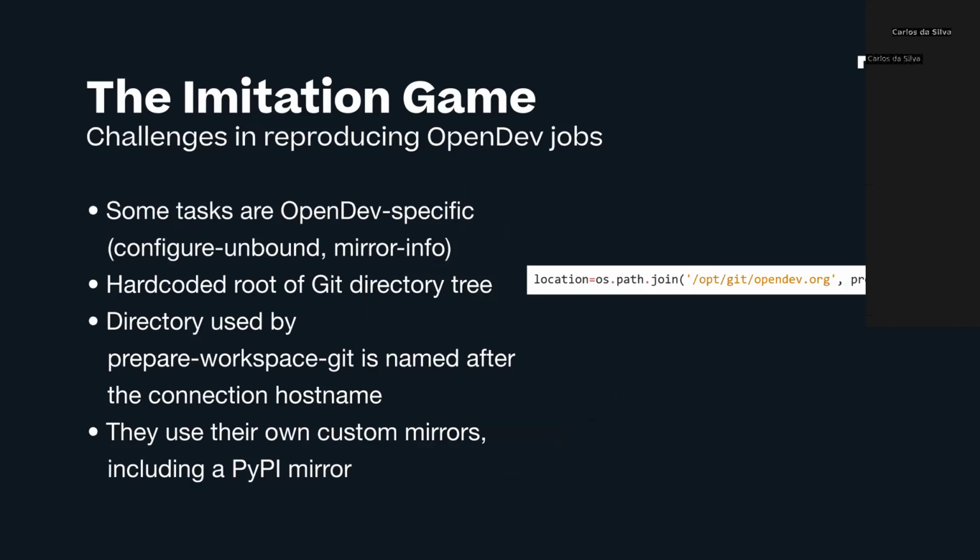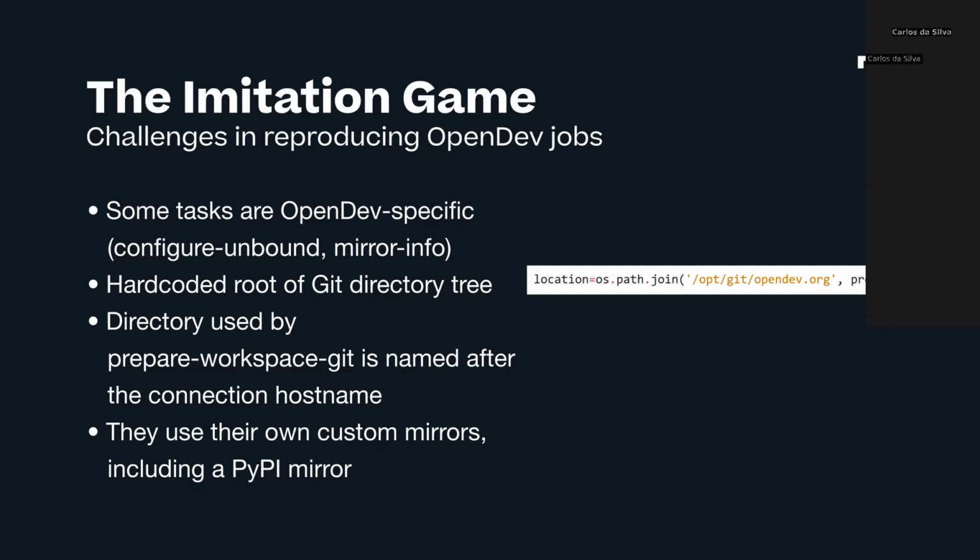Some of the challenges we had in this step was that some of the tasks in the Ansible playbooks for OpenDev jobs are very, very OpenDev specific. It's important to note that this is not something that is OpenDev's fault. It's just an issue that we have with this architecture of reusing OpenDev jobs, that we need to work around.